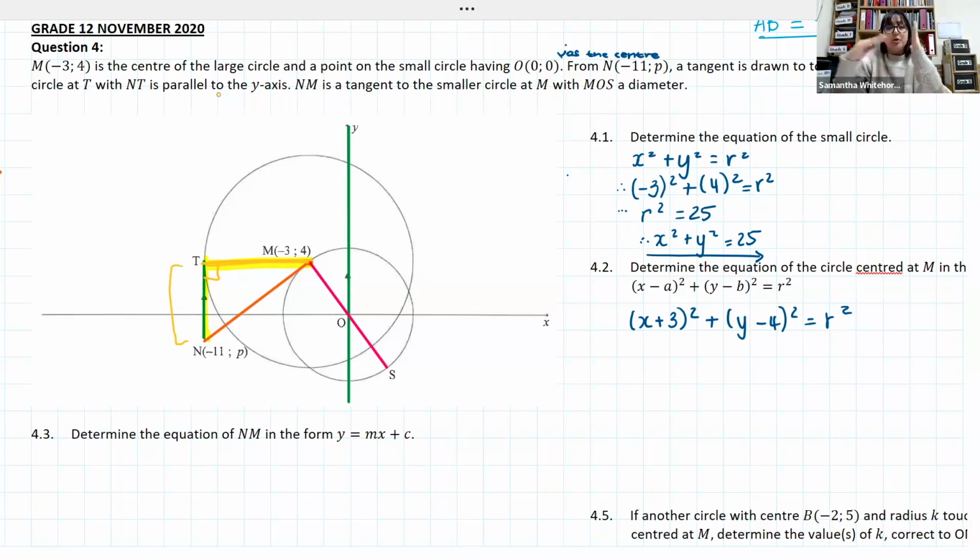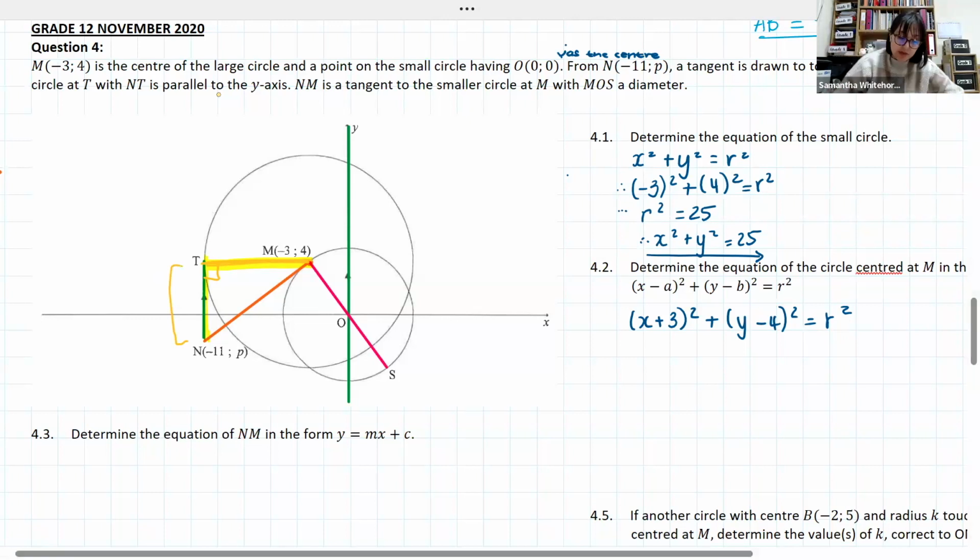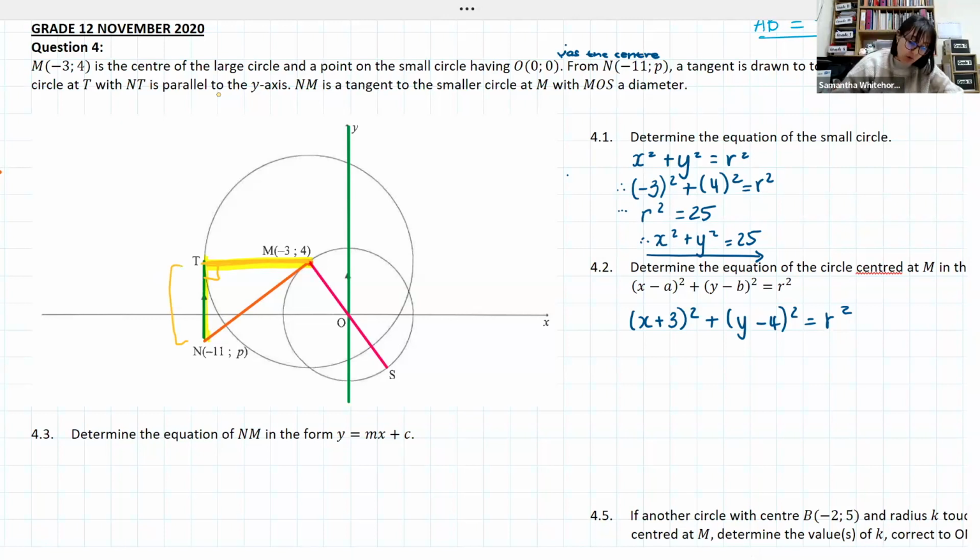A line that is perpendicular to a vertical line has to be a horizontal line. So between M and T, that's a horizontal. What that means is you automatically know that the y-coordinate of T is 4. And because NT is a vertical line, you also know that its x-coordinate is -11. So just by the characteristics of a perpendicular line, you actually know the coordinates of T.